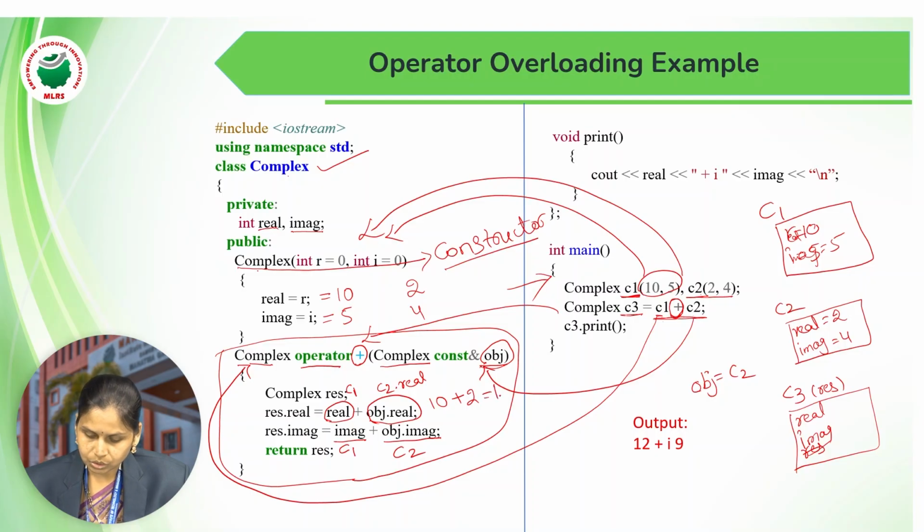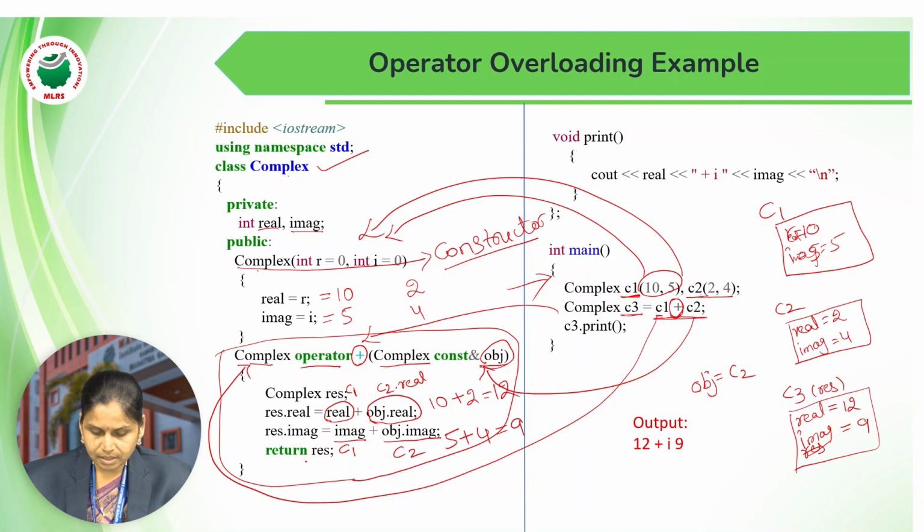The total is 12. Next, result.imag equal to imag plus obj.imag: the C1 imag value is 5 and obj.imag, the C2 object's imag, is 4. Then it is equal to 9.